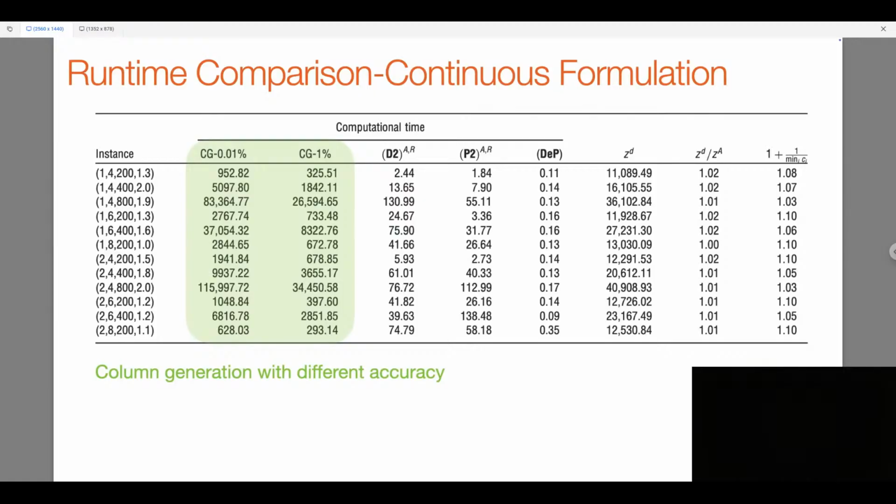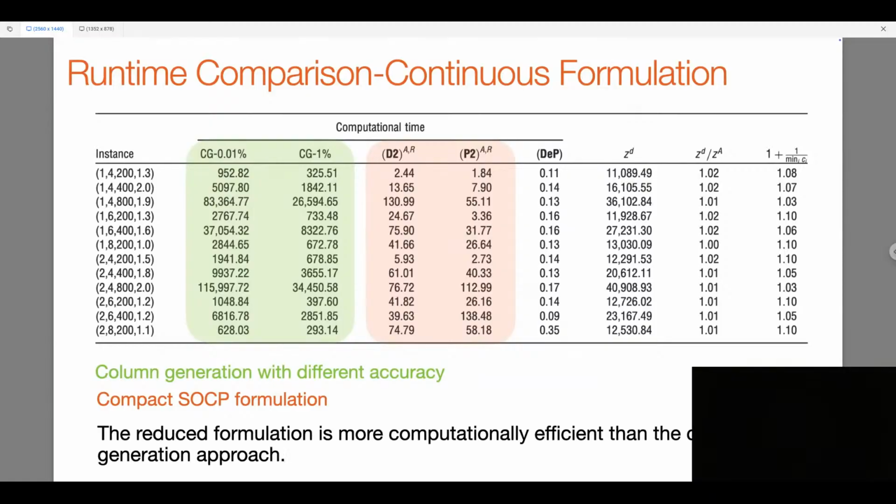So we only consider stopping at some accuracy. And the third and fourth columns are the running time for the two compact SOCP formulations. And we can see the reduced formulation, this orange part, is more computationally efficient than the column generation approach.